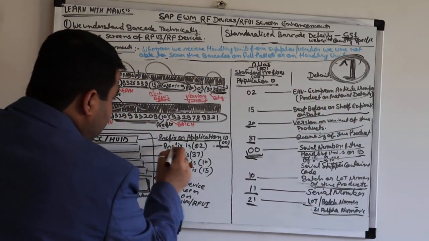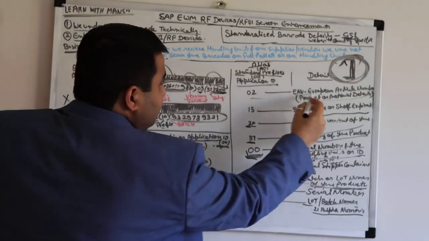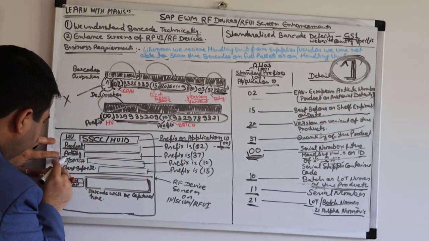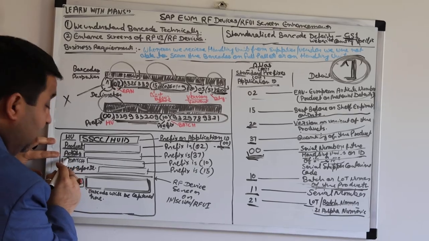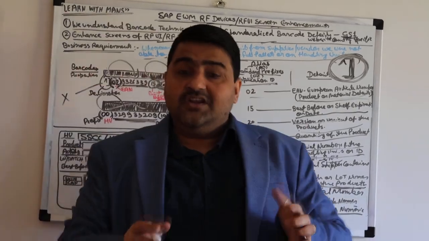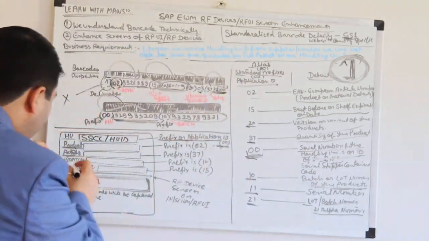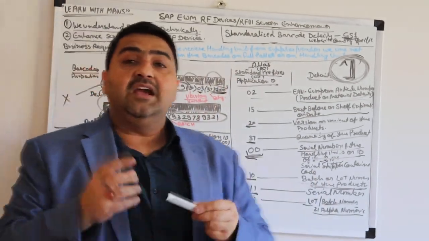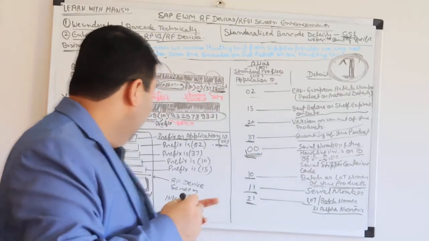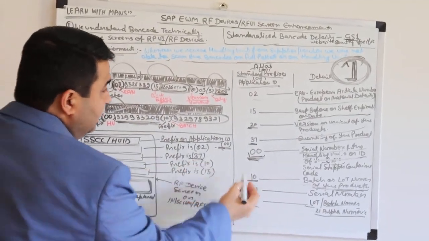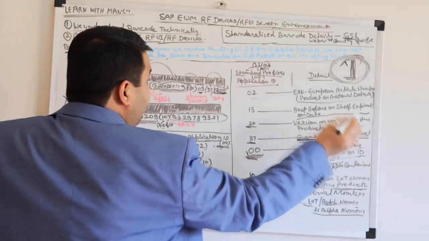For the product we have prefix 02. 02 means EAN, European article number, the product or material detail. Third, we have the actual quantity. Actual quantity means the quantity we have inside the handling unit. For actual quantity we have prefix 37. 37 means the quantity of the product.